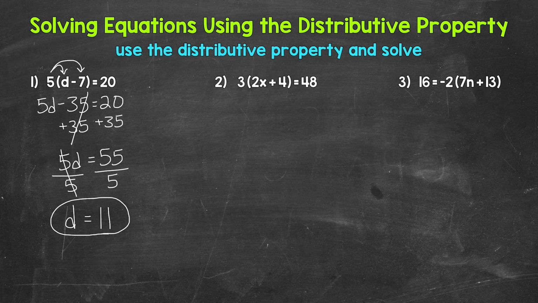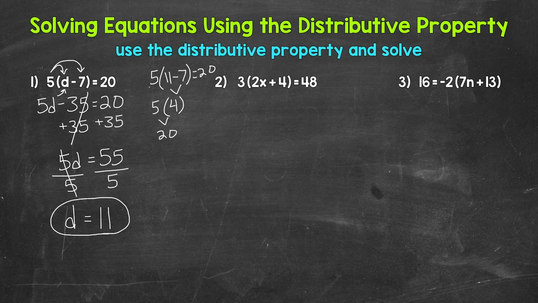Now we can check to see if we are correct by plugging in 11 for D. So let's come to the side here and plug in 11 for D and see if this works. So we have 11 minus 7 in parentheses. Let's start there. That gives us 4. And then we have 5 times 4, which is 20. So we are correct here.